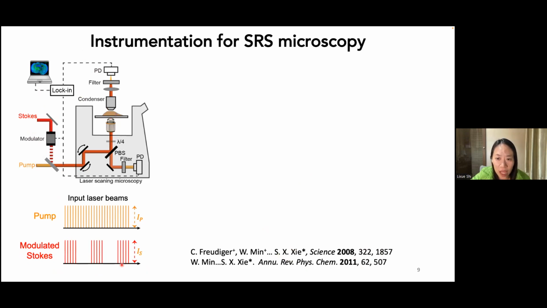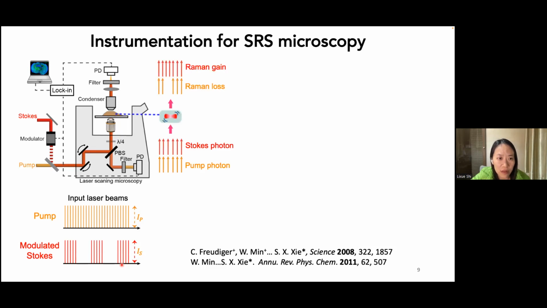When the energy difference between these two lasers matches the vibrational energy of the chemical bond of interest, the chemical bond is vibrationally excited. At the same time, one pump photon is annihilated and one Stokes photon is created.